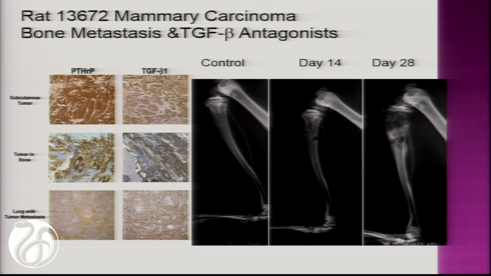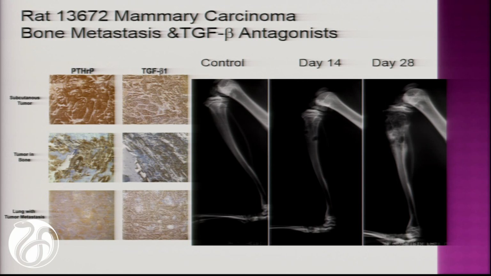And this is my one rat slide. The rat is also a good rodent model for cancer, and this is a 13762 rat mammary carcinoma. In this case, the tumor cells were actually injected into the tip of the femur with a 27-gauge needle.